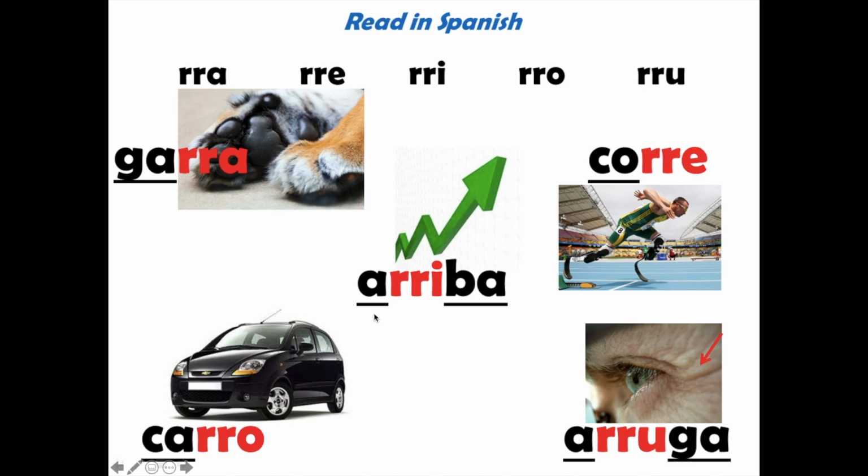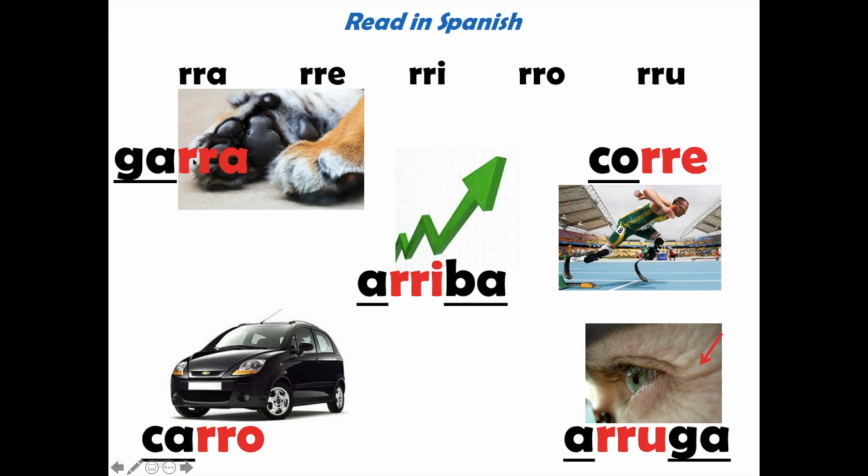Now we have this other kind of hard R that is inside the word, maybe in the last syllable like this, or the second to last syllable like this too. It is going to be double, and it's always going to be inside the word. A word is never going to start in Spanish with two R's.